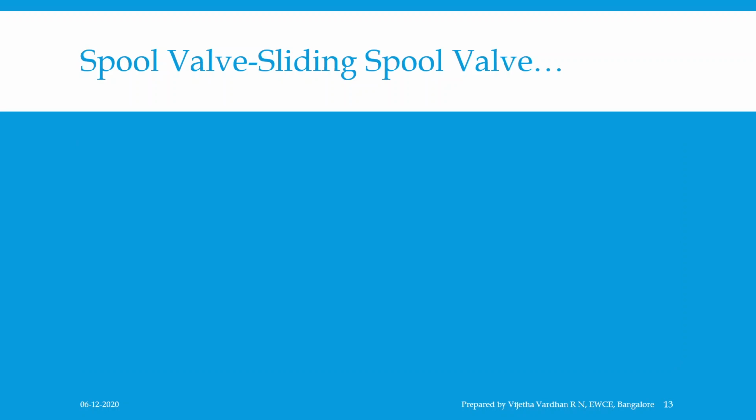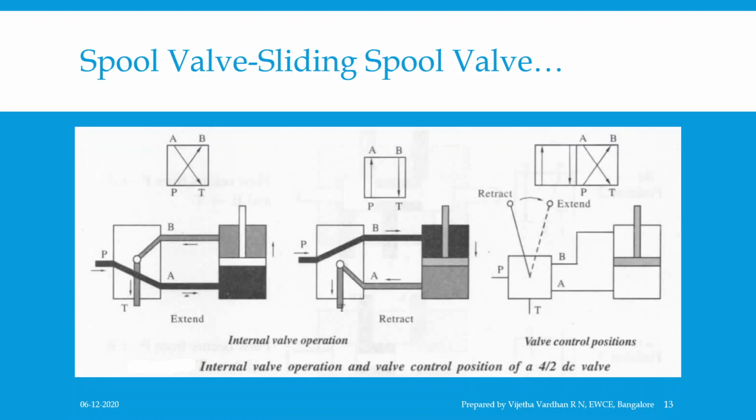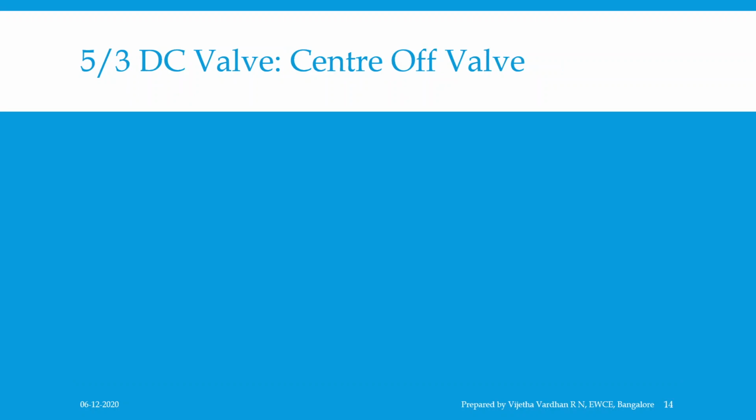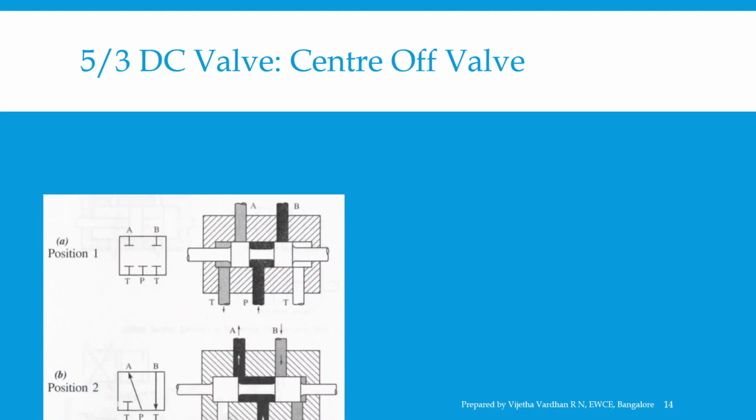Now you can see, with respect to the explanation, the internal valving operation and the valve closing positions, which you can observe from the figure. Then coming to the 5 by 3 DC valve, which has center positions.